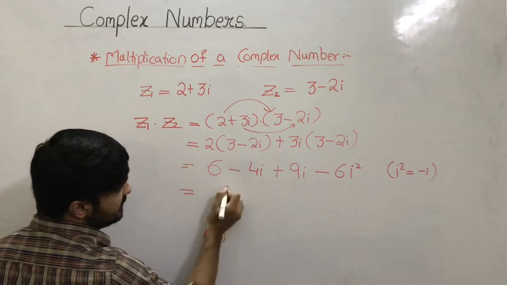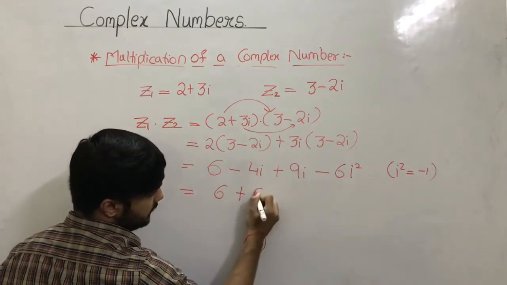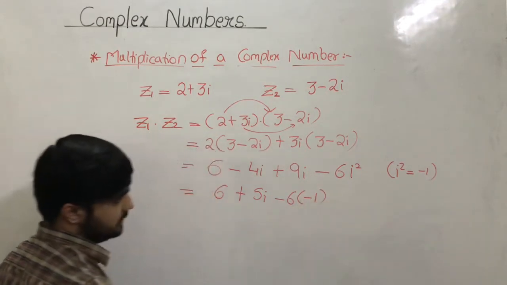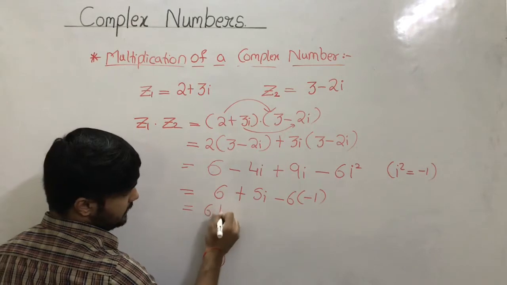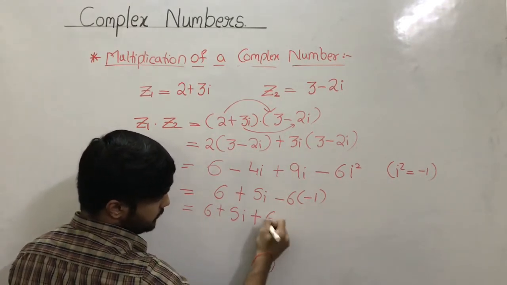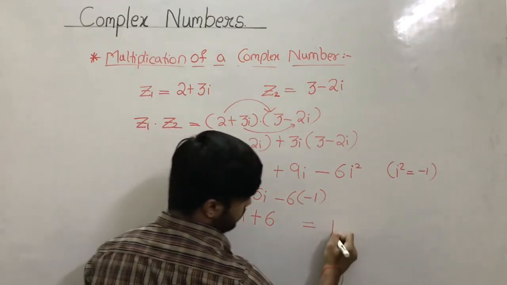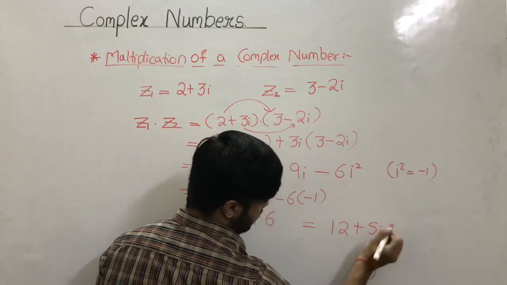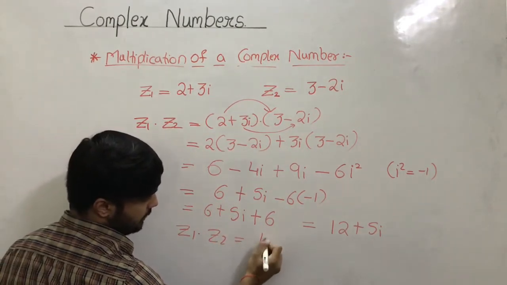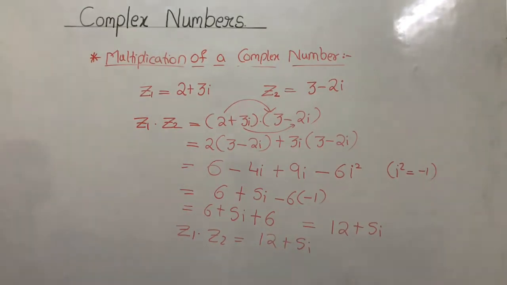So this will be 6 as it is, minus 4i plus 9i, it is plus 5i, and minus 6 into minus 1. Minus minus becomes plus, so plus 6. So 6 plus 6 is 12. So 12 plus 5i is your answer. So z1 into z2 is nothing but 12 plus 5i, which gives multiplication of two complex numbers.